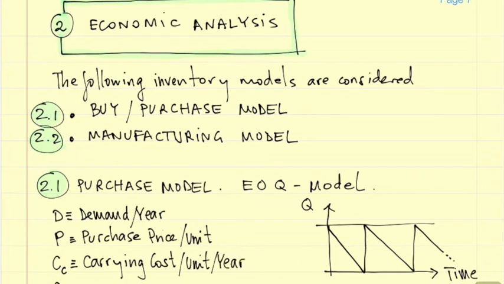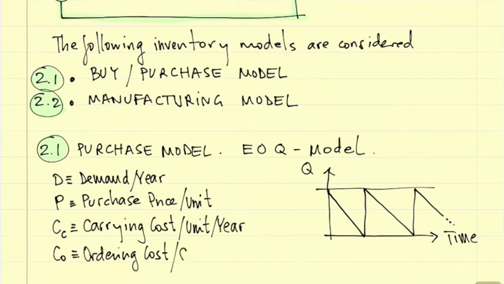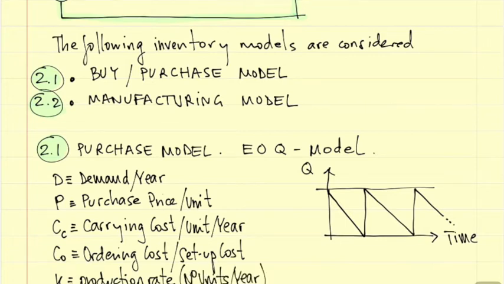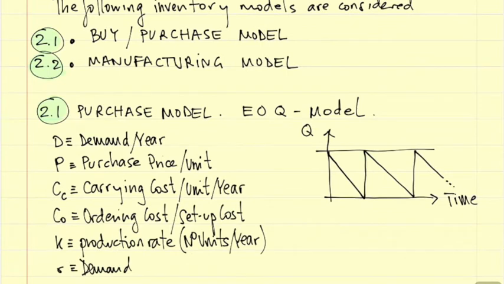C sub O is the ordering cost or setup cost. K is the production rate, number of units produced a year. R is demand in units per year.